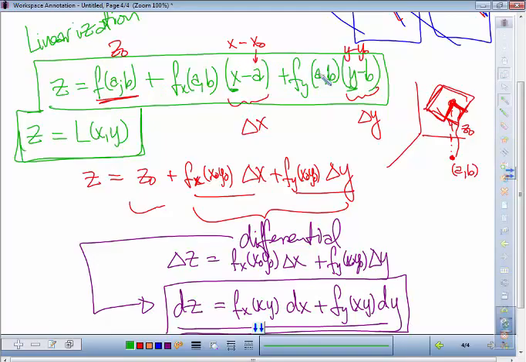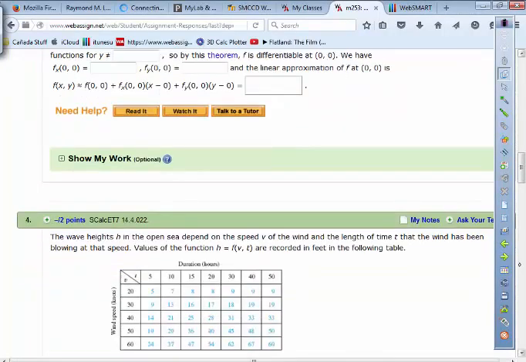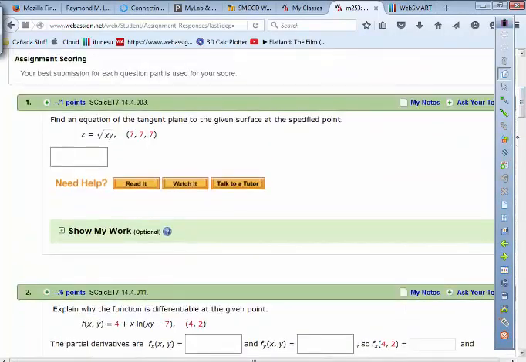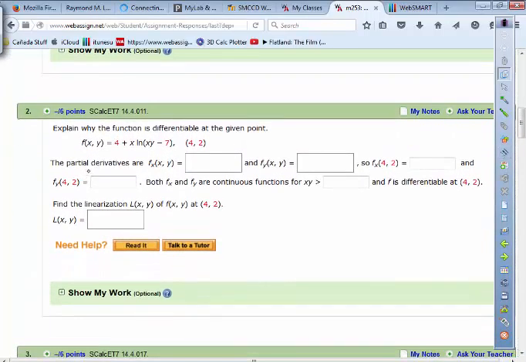All right, so let's take a look at another homework problem, which I took a peek at and saw that this next one, number 2, is asking for the linearization. They want you to find the partial derivatives, evaluate at some points, and then find the linearization, so they write it as L of xy. But that's really just that formula that we had, right?